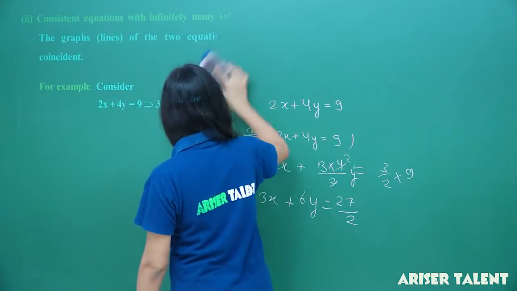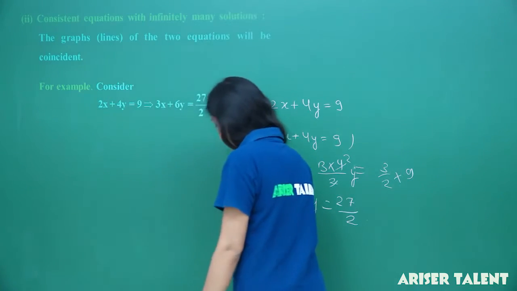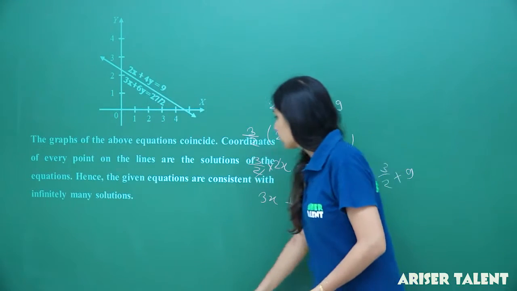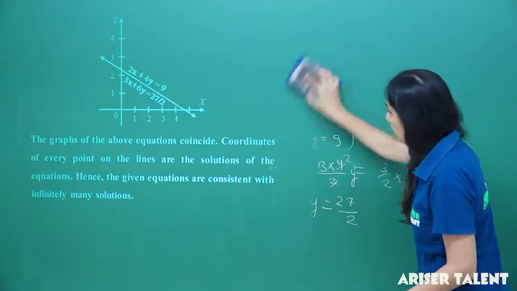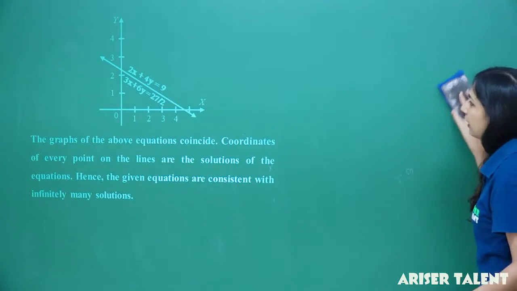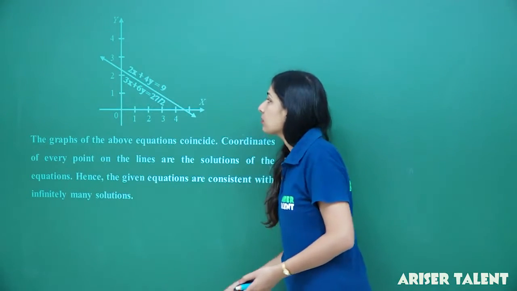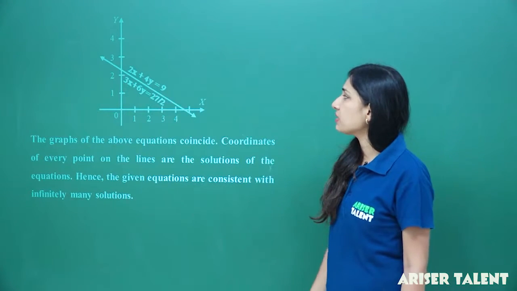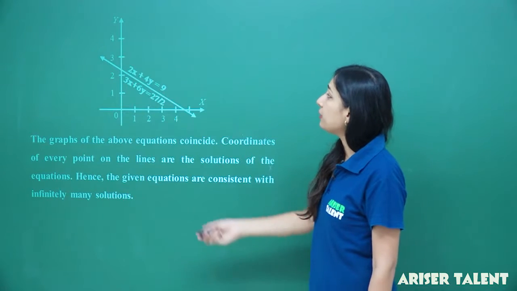Let's have the graph here. So this is the graph. I'm removing this one also. Now you can just note this. This is 2x plus 4y equals 9 and 3x plus 6y equals 27 by 2.